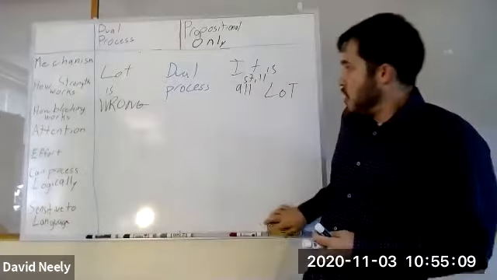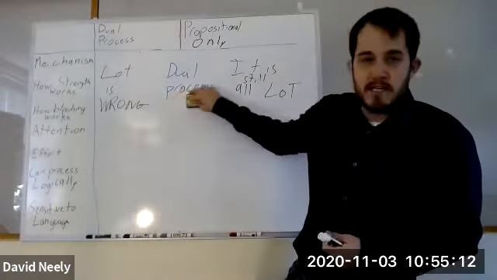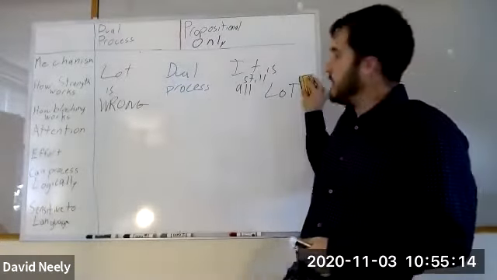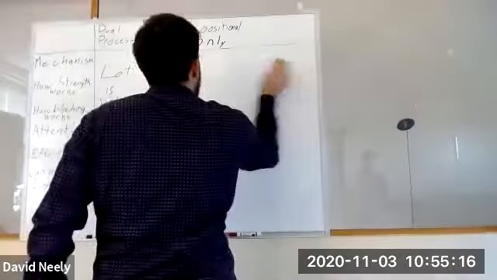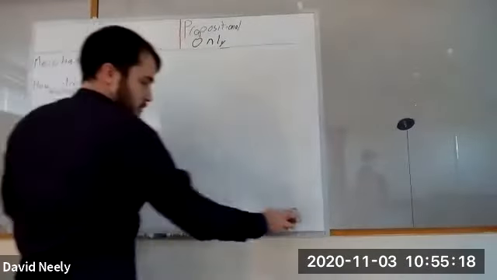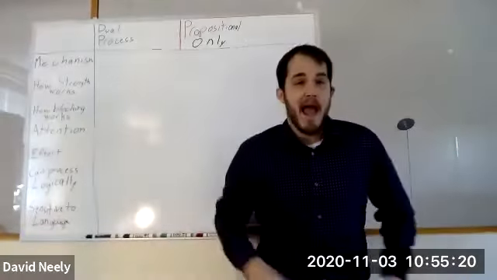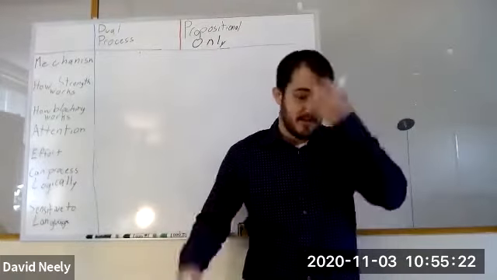So last time we looked at what dual process theory was, how it compares to the language of thought sort of theory, and considered some of the evidence and some of the things people say for it.